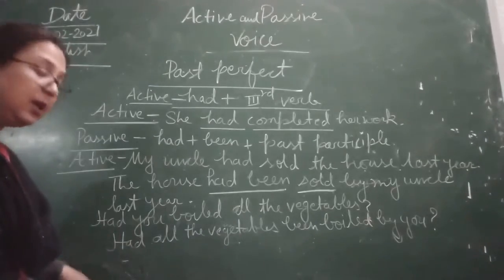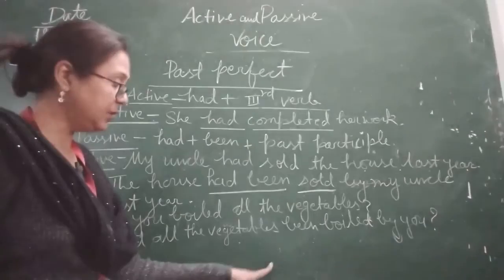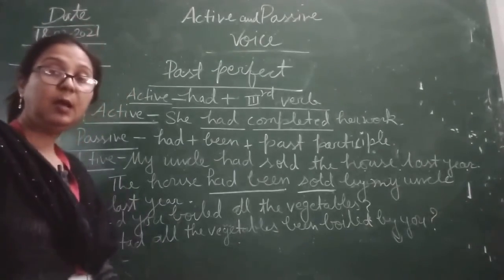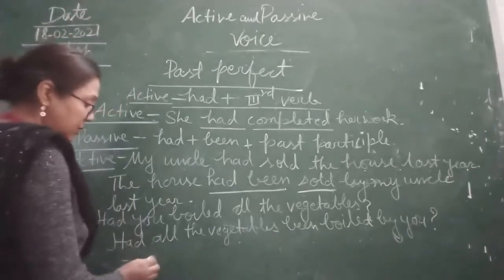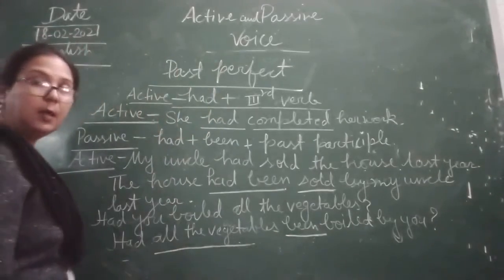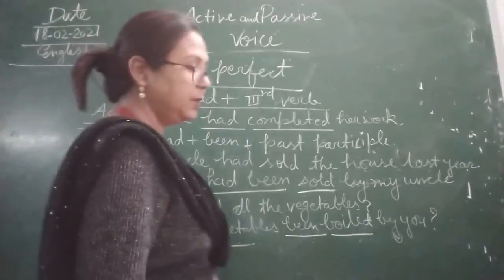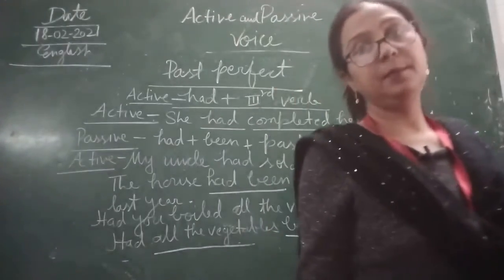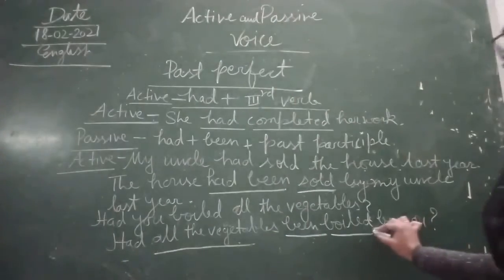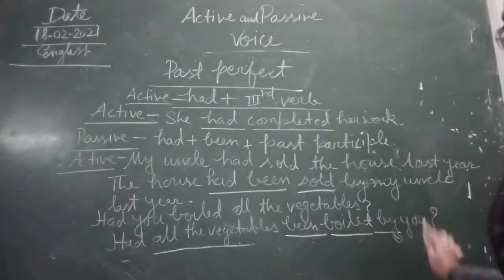So "had all the vegetables been." After the object, "been" must be placed. Then "boiled" will remain the same because it is the third form of the verb, and then "by" because we have to use "by" in passive voice, "by you," and the question mark will remain the same.